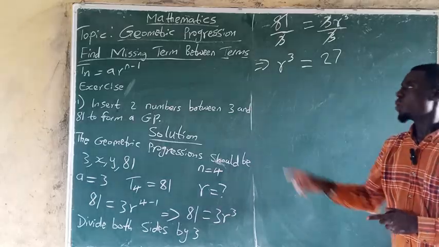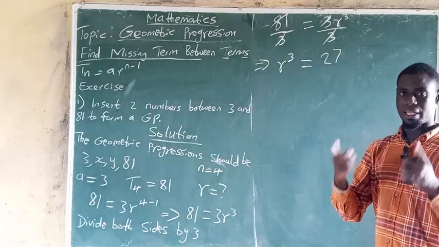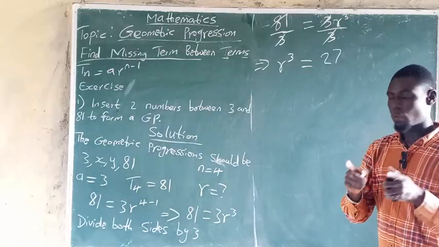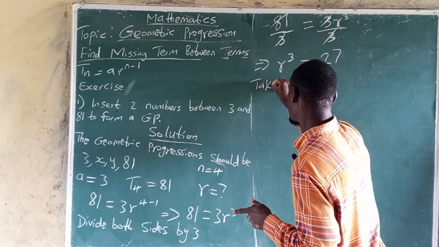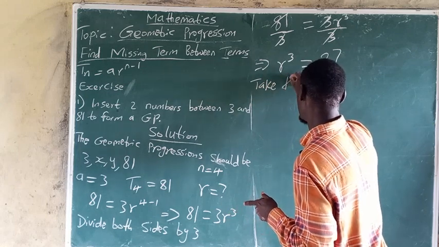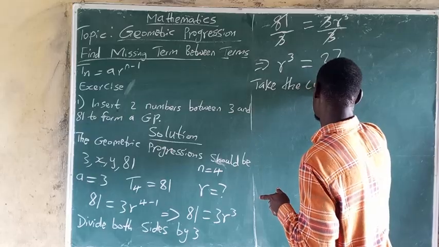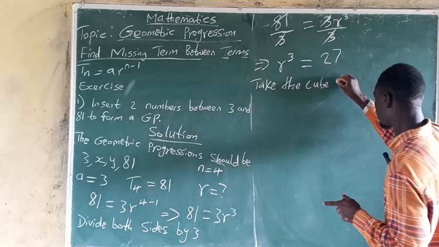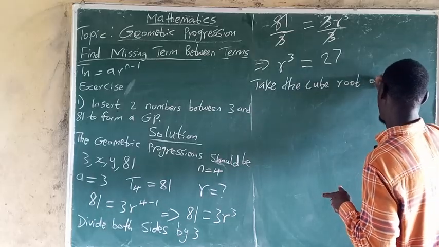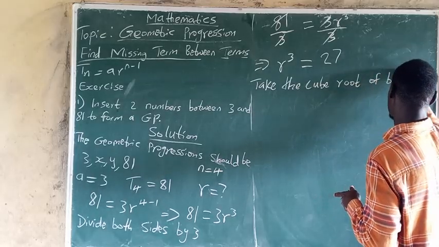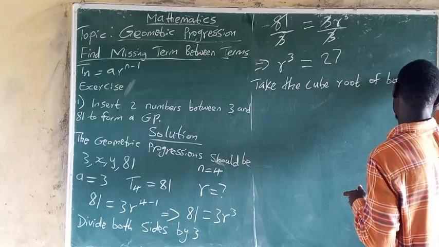So at this point, we don't want r to be cubed there. We want r to be single. So what do we do? We have to take the cube root of both sides.